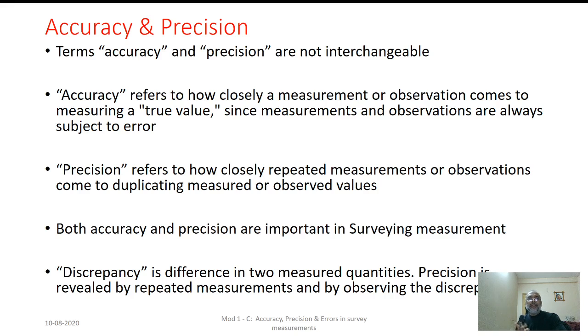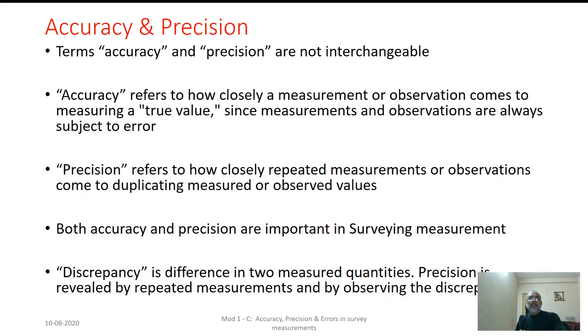So precision refers to how closely repeated measurements are with respect to the other set of observed values. The surveyor or civil engineer must follow this accuracy and precision while determining any surveying measurement.